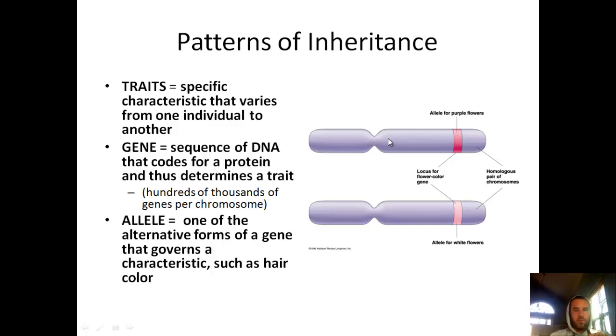So we have a chromatid, and on this end of the chromatid is one allele, and this would be the allele for purple flowers. And then on this section, you've got an allele for white flowers. So on this paired chromosome, each chromatid has a different allele.